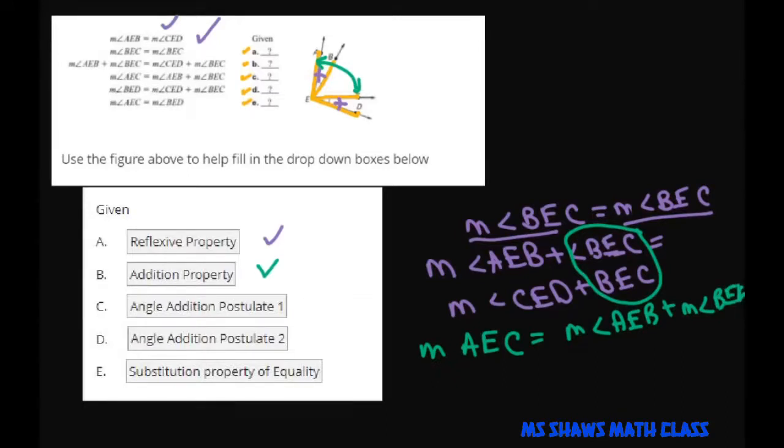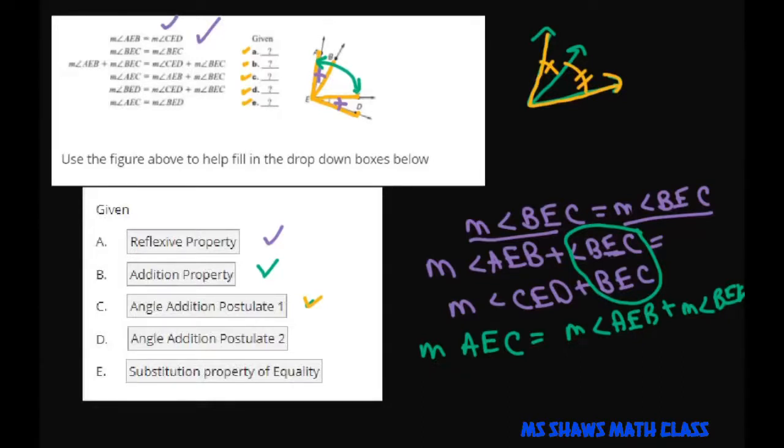And that's just your angle addition postulate. So if you have two angles here, this one and say this one's different, these two add up to form the whole angle for this. All right, so that's your angle addition postulate 1.